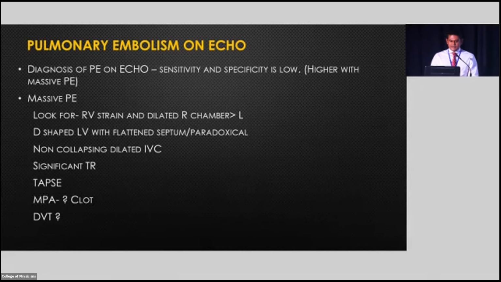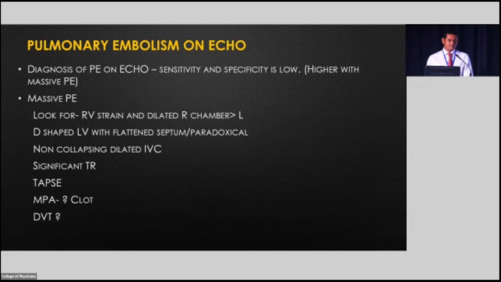So massive pulmonary embolism, look for an RV strain, dilated right chamber more than the left, D-shaped LV, which I showed you with a flattened septum. Sometimes it could be paradoxical, non-collapsing IVC, significant tricuspid regurgitation, reduced movement of the tricuspid annulus.